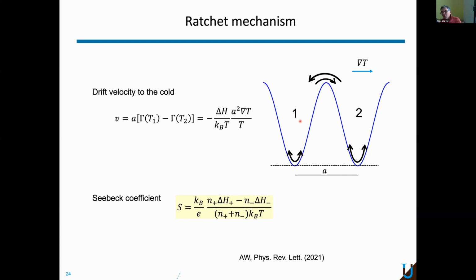As I just said, the temperature difference is very, very small, so you may expand the rate in powers of this small temperature difference, and you find this expression, which has a very nice shape and is negative. So it means the drift velocity is always toward the cold, and it is proportional to the activation enthalpy of a barrier, the barrier height, divided by kT. Since barrier heights very often are much higher than kT, you get a factor which may be much higher than kT.